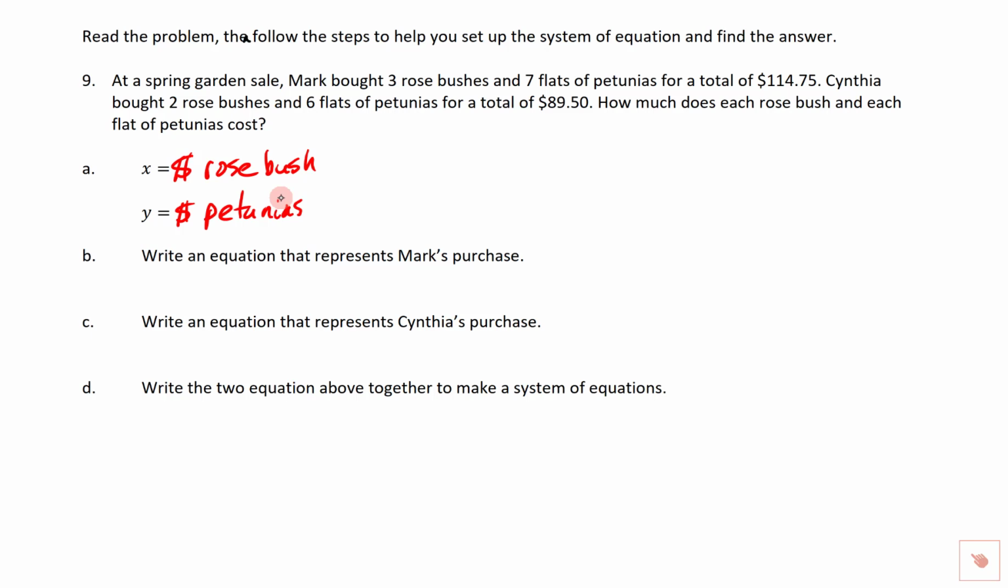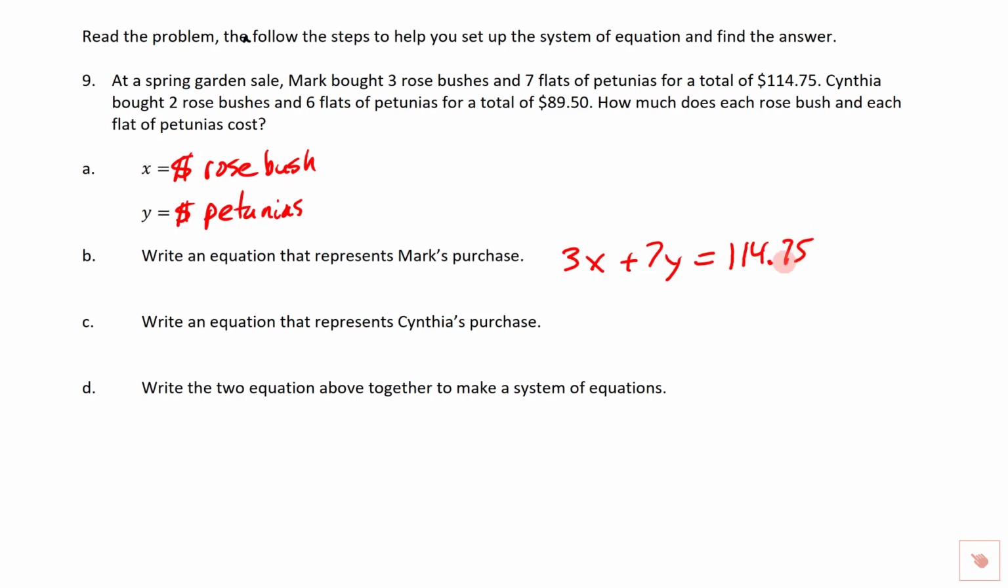What we're going to do next here is we're going to write an equation that represents Mark's purchase. So Mark's purchase was 3 rose bushes and 7 petunias for $114.75. So X is the rose bushes, so we're going to write 3X. And then we're going to add the 7 petunias, so that's going to be 7Y. And how much did he spend altogether? $114.75.